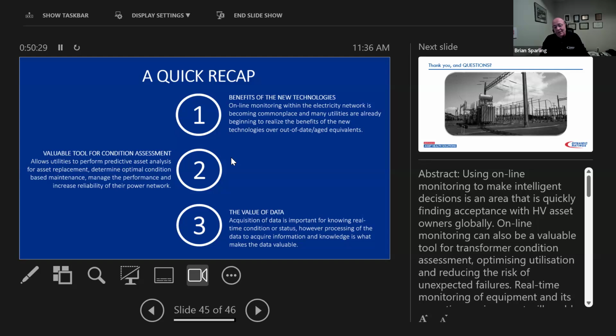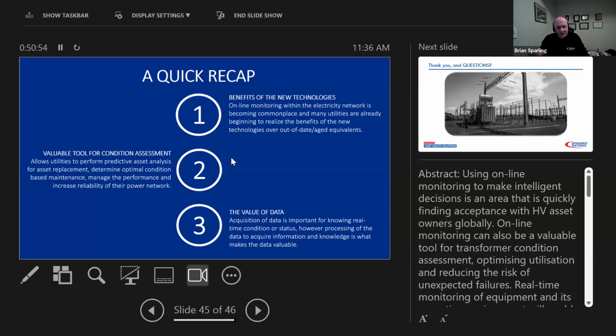So the next step in all of this, from my perspective, is people start talking about AI and some of the other knowledge-based systems, anomaly detection. In order to make that work, you need valid data. You're collecting the operating condition of the transformer all the time.